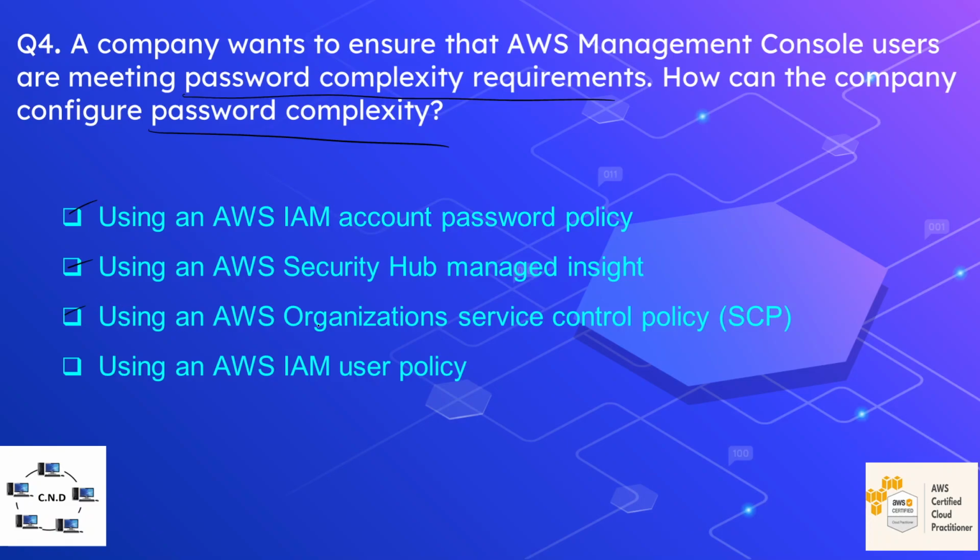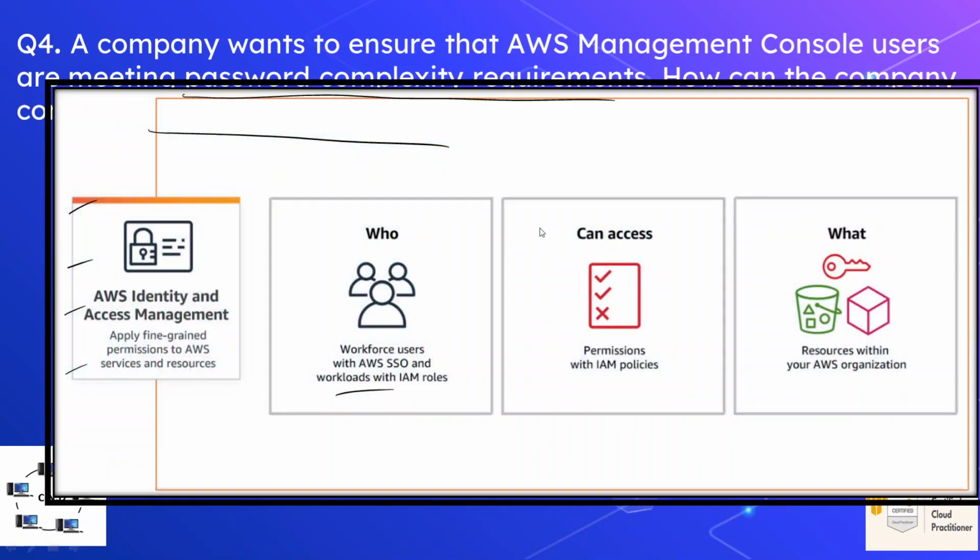Option C, using an AWS Organizations Service Control Policy. And option D, using an AWS Identity and Access Management user policy. And the correct option is using an AWS Identity and Access Management account password policy.